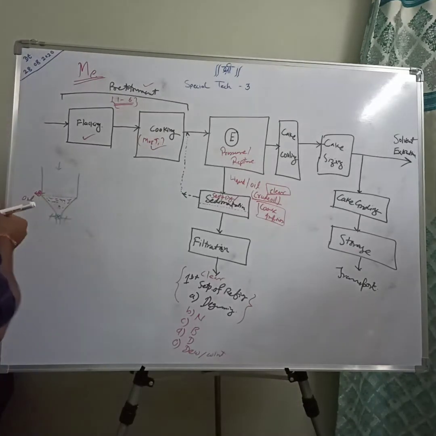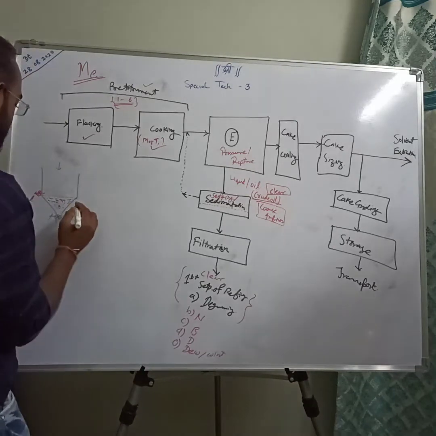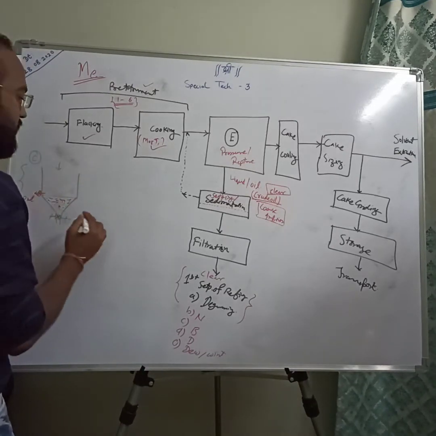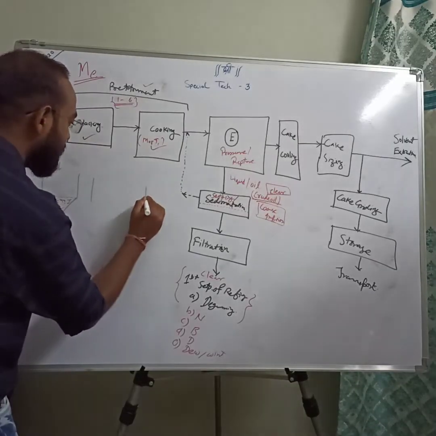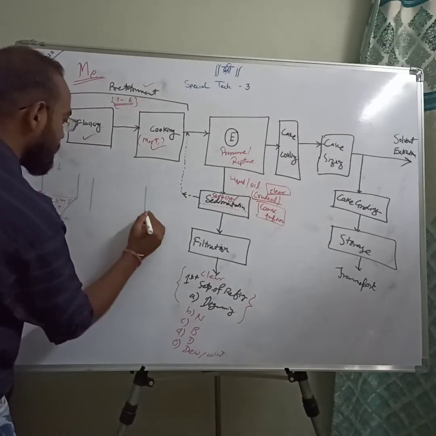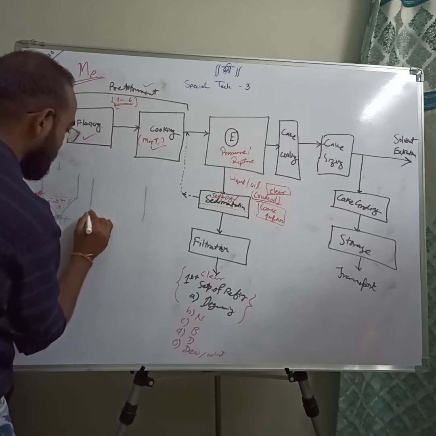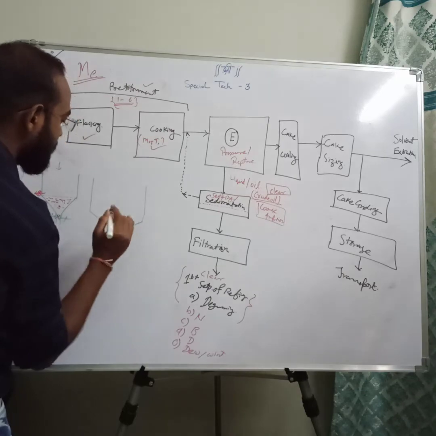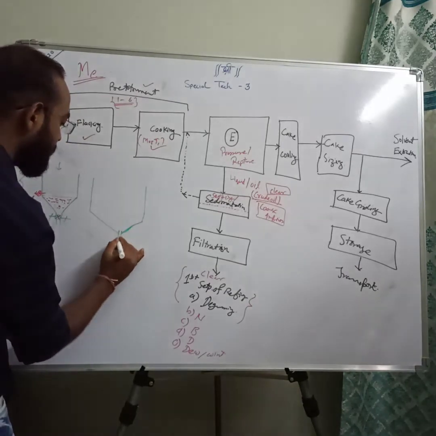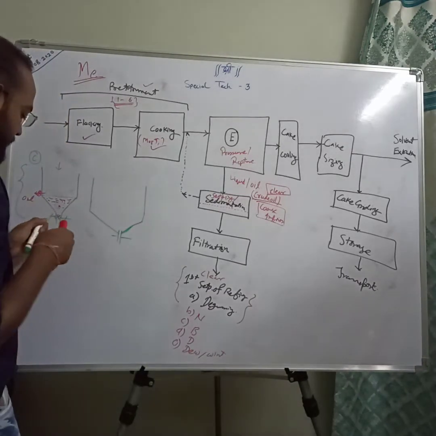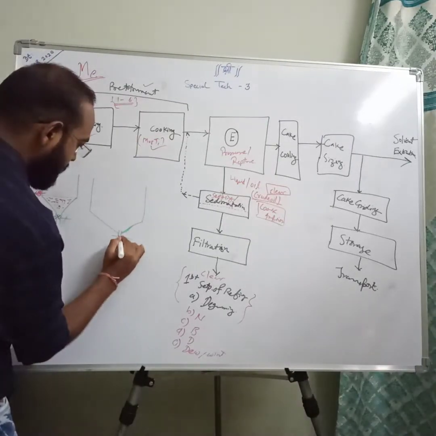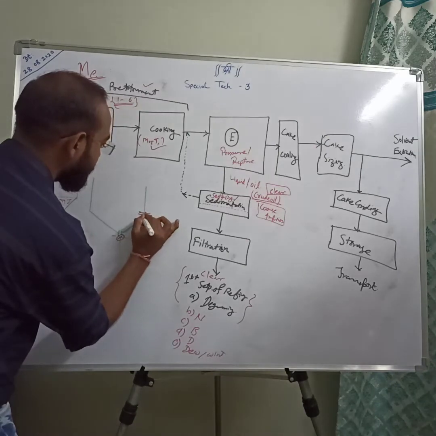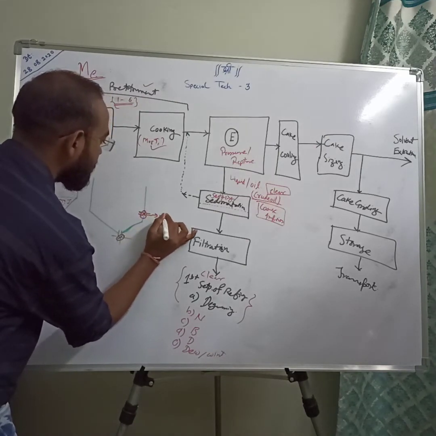Another arrangement for sedimentation is a cylindrical type vessel. Another one is a rectangular type vessel. Directly at the bottom a conical arrangement is provided. Same, a valve is there, and another valve is somewhere here to get the clear oil.